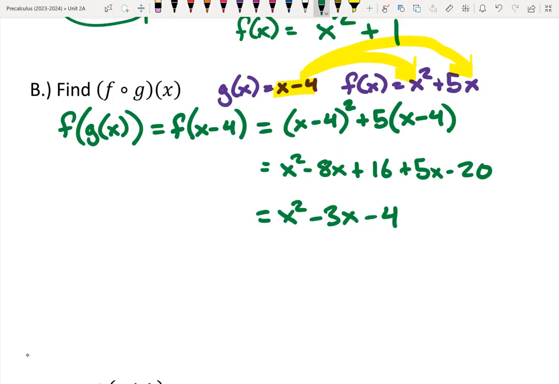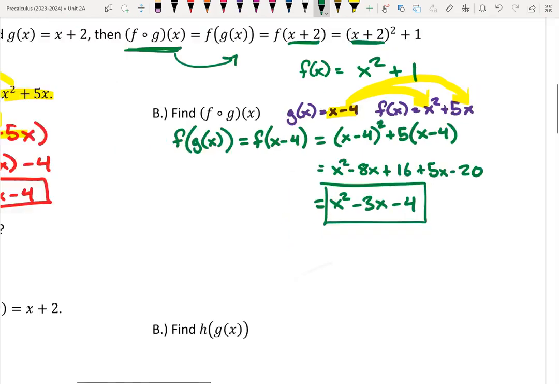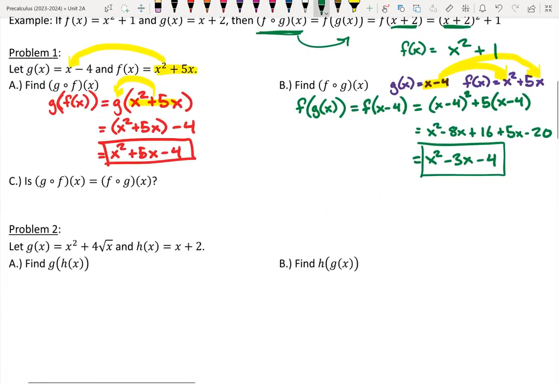Okay, and that would be the final result for that one. All right, so my question is then, part A and part B, are they the same result? No, we did not. The b value is different, right? We have a plus 5x in A and a minus 3x in B. So no, these are not equal.